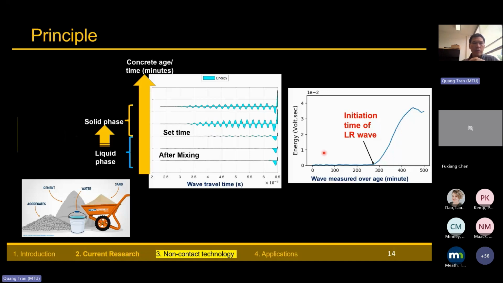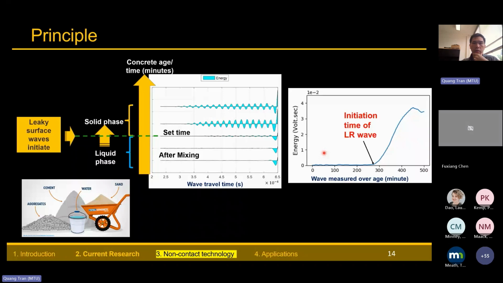But over time, when the shear resistance or the shear strength in the concrete matrix starts to increase, then we will have some energy of the shear waves, and it combines with the compressional wave and creates the surface wave. At that point we start to receive some signal, and over time, as the percolation increases, the bonding gets stronger, then we have a better and higher signal.